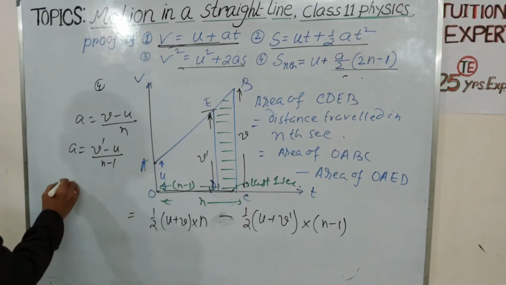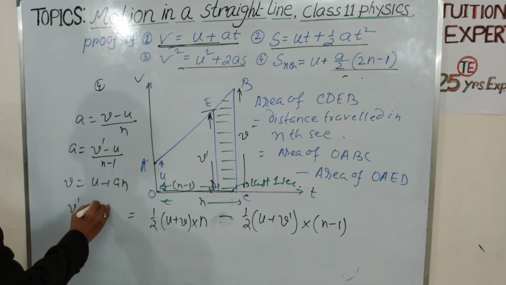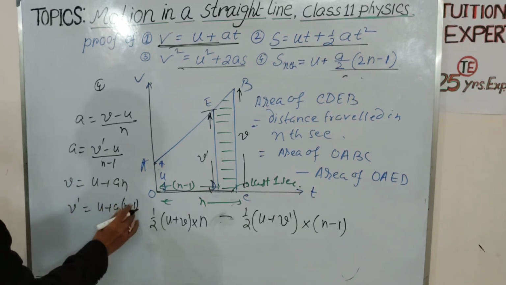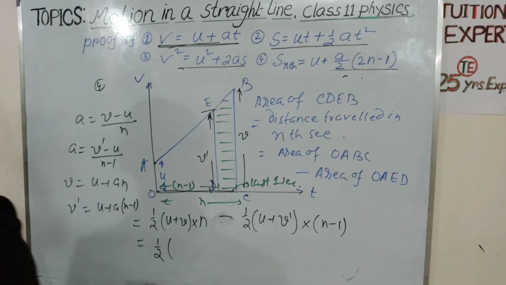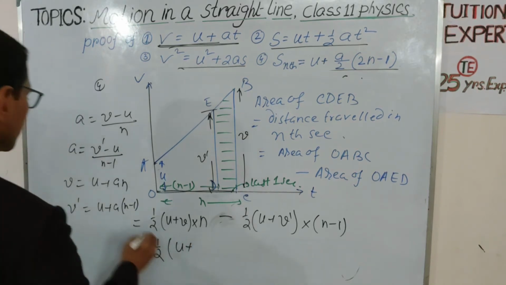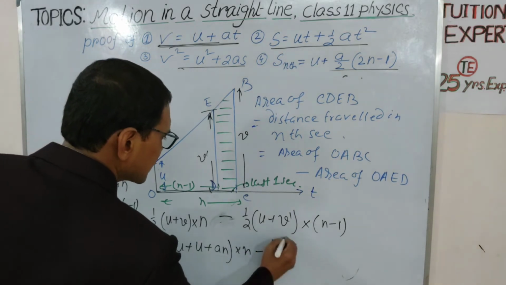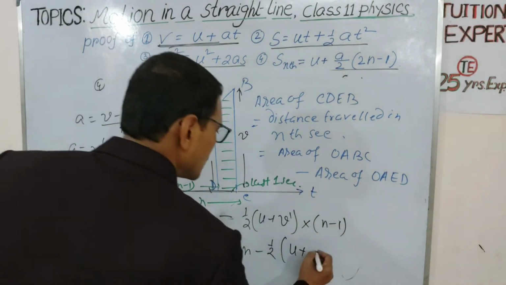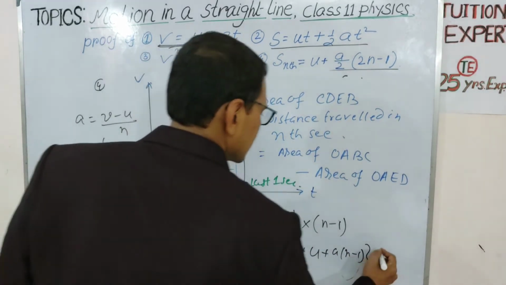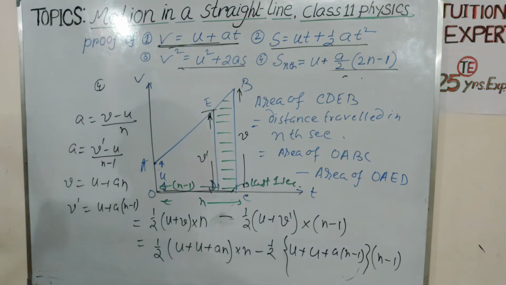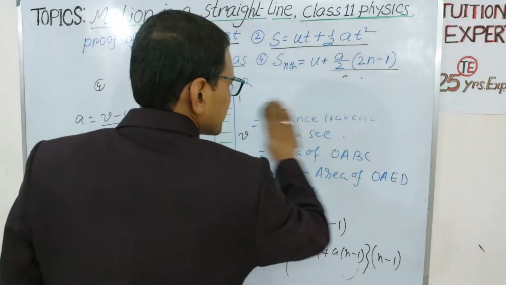Now from this v equals u plus an, and from this we get v dash equals u plus a into n minus 1. So put v equals u plus an into n, minus half u plus v dash, which is u plus a into n minus 1, into n minus 1. If we simplify, then we get this result. Now what is the simplification?